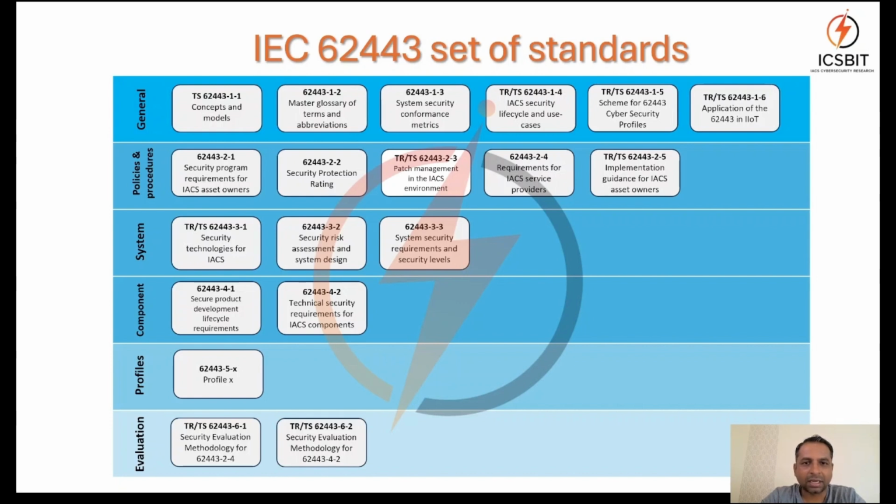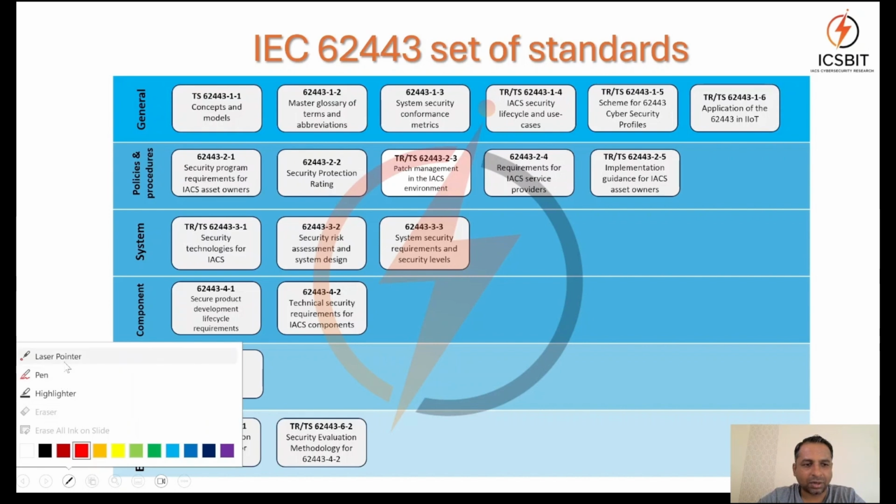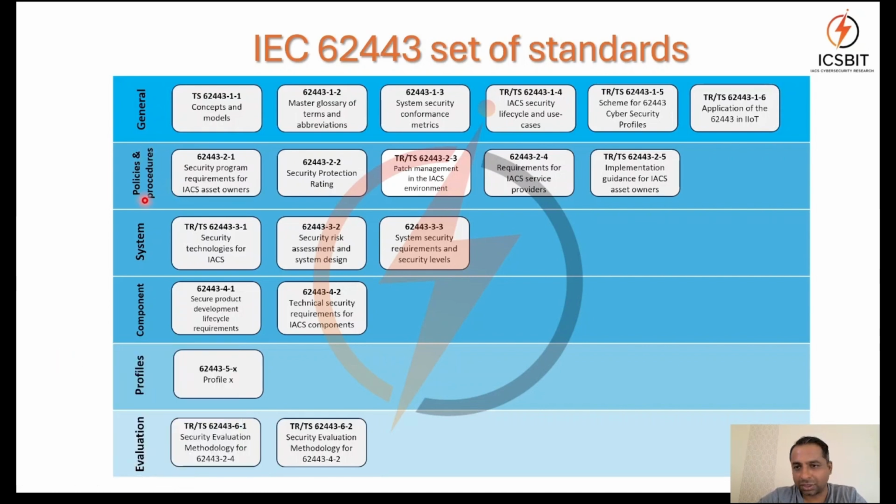Now, if you check, mainly four slabs are important for us. The first one is the general slab. Here I'll just point my mouse, general. The second one is policies and procedures. Third one is system. Fourth one is component.